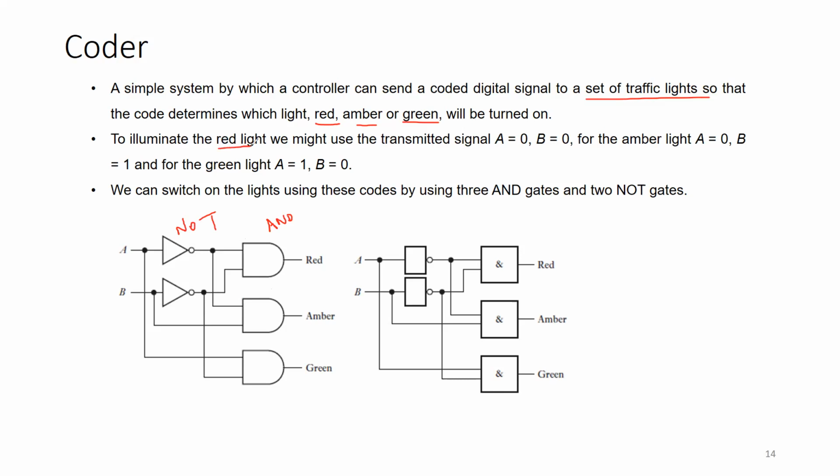So we have decided that the red light would be for A and B inputs as 0. Amber light would be for A input as 0 and B equal to 1. And green light would be for A1, B0. Such a simple algorithm, or set of rules, we have decided.